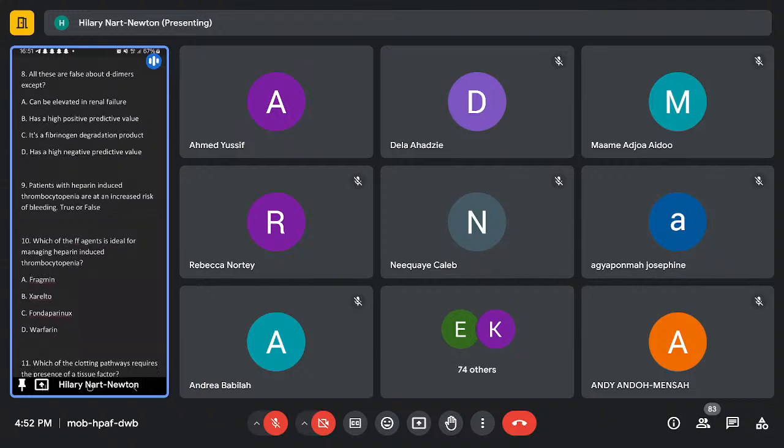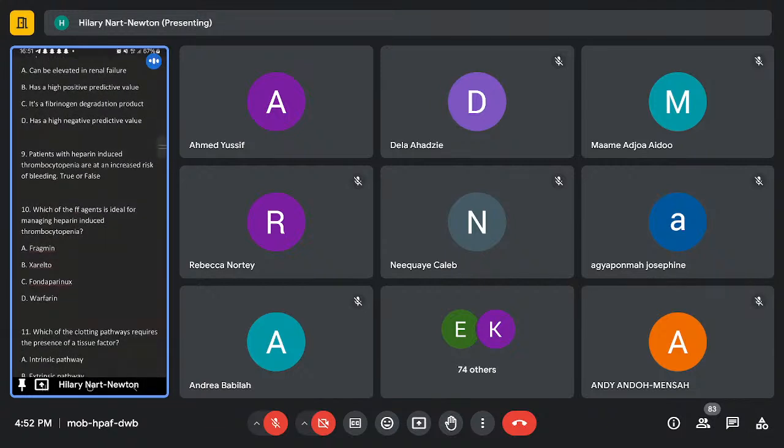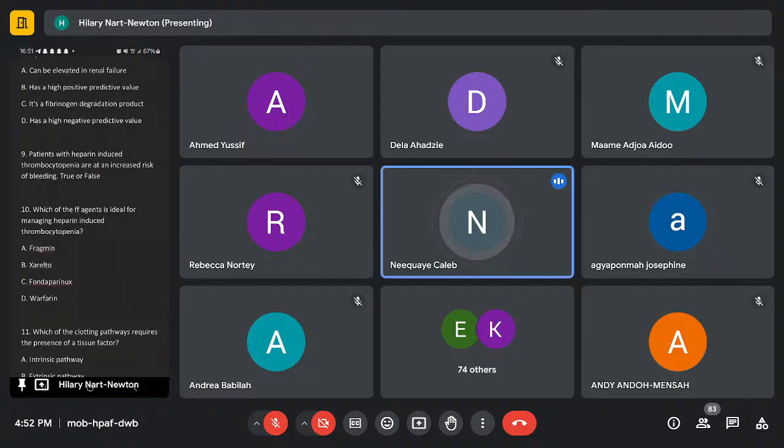Number 9. Patients with heparin-induced thrombocytopenia are at an increased risk of bleeding. True or false? False.